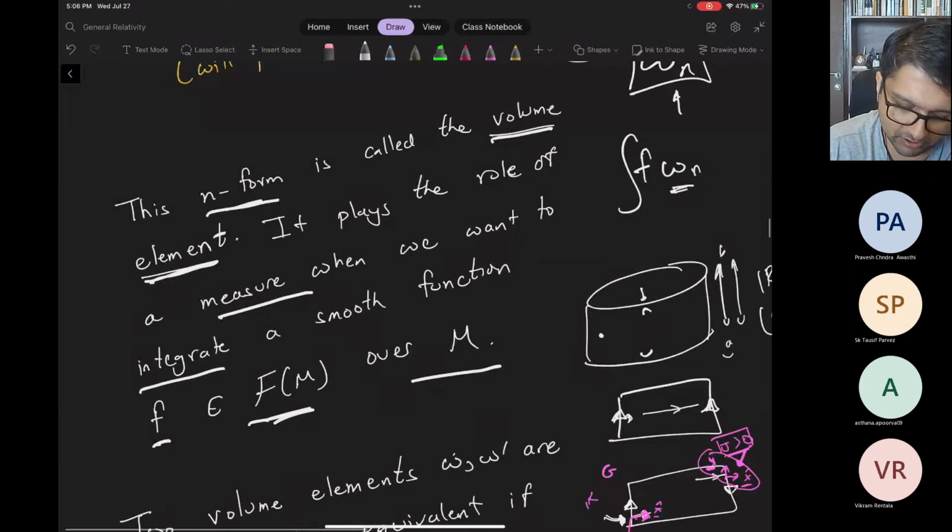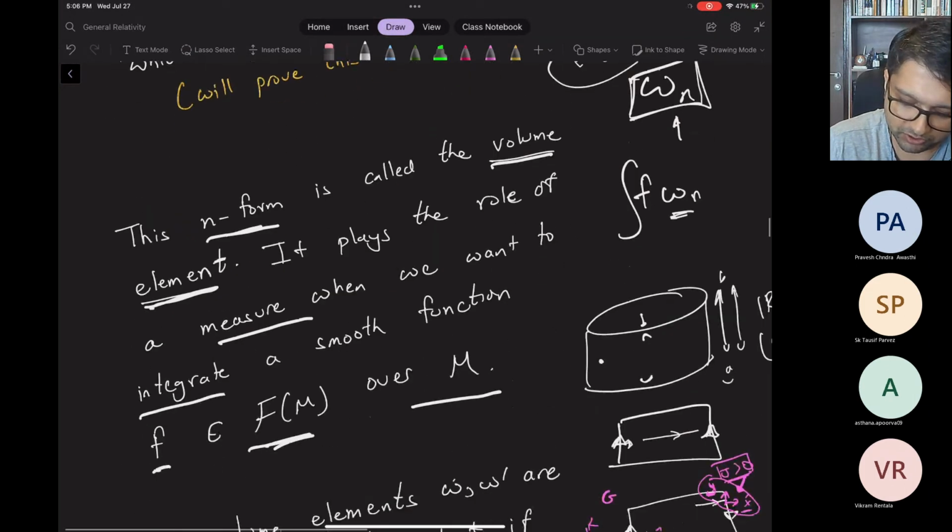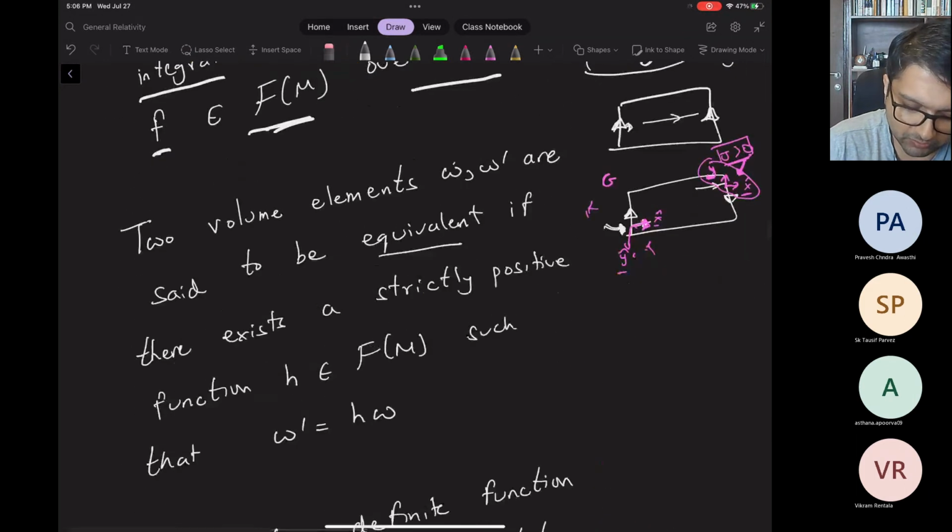Okay, so sorry, let me just go back. So now what we want to do is on this n-dimensional orientable manifold, we defined an n form which is non-vanishing anywhere. This will be our integration measure. So now we can have multiple integration measures. We say that there are two volume elements, omega and omega prime. These are any n forms which are non-zero over the entire manifold.